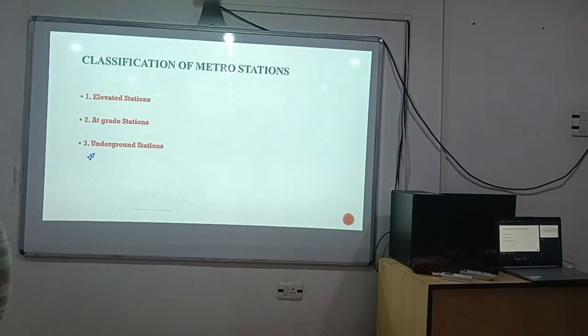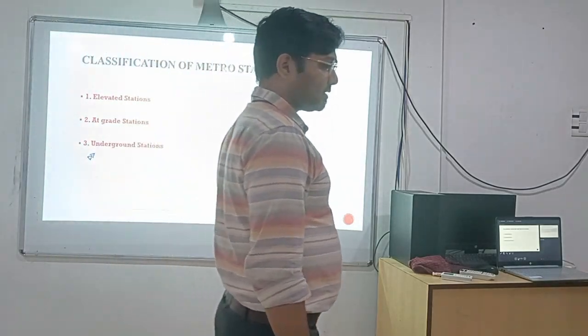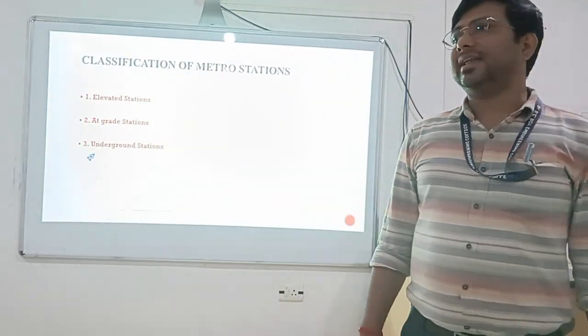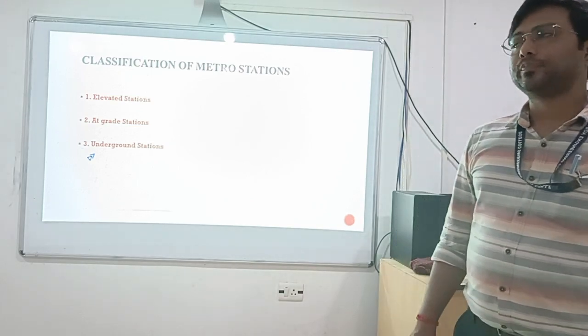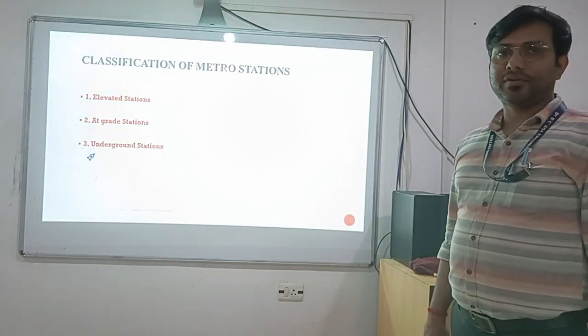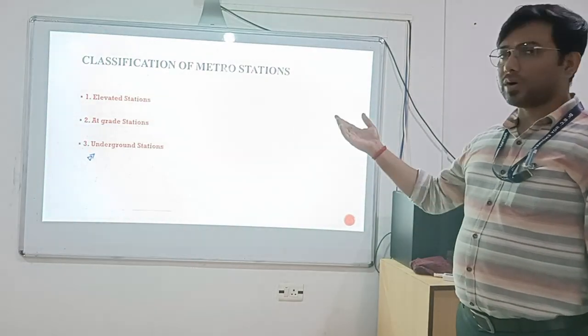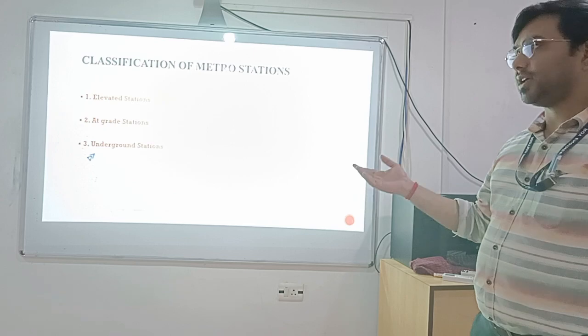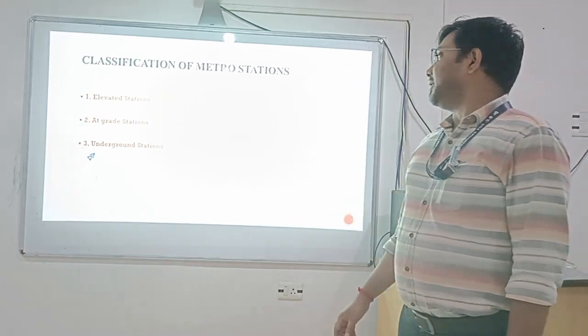So underground metro systems and stations are very costly, and economy also depends on choosing which one is better for any site, location or city.